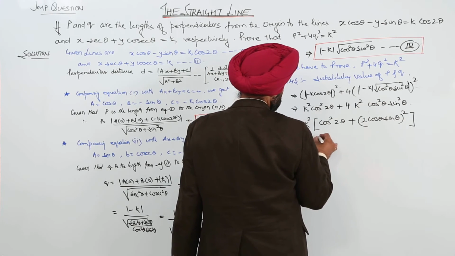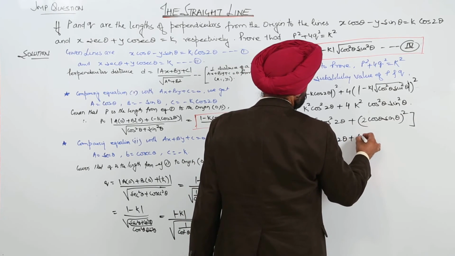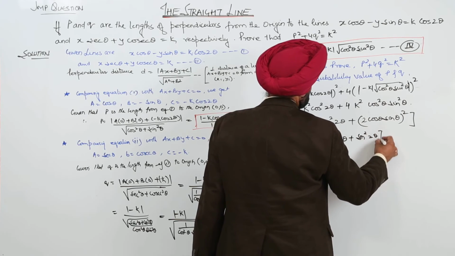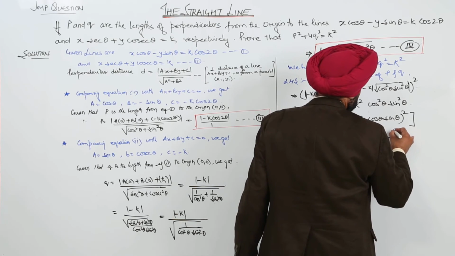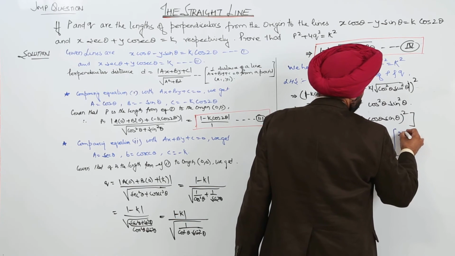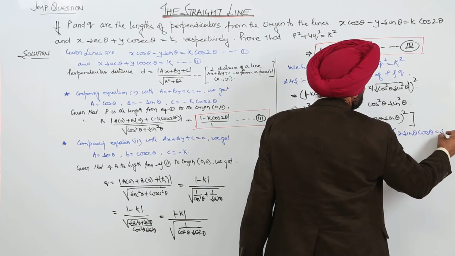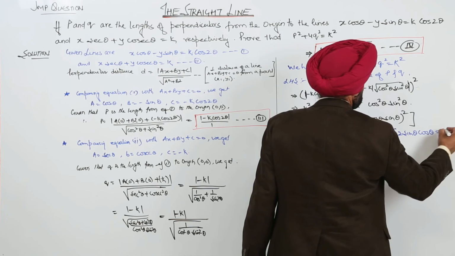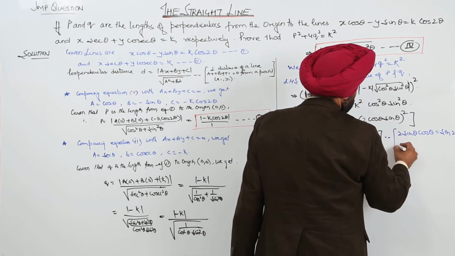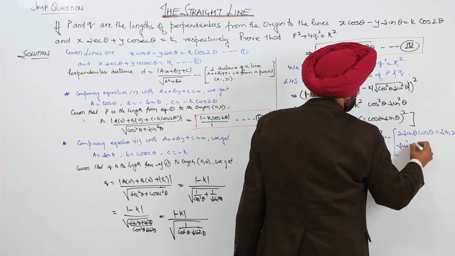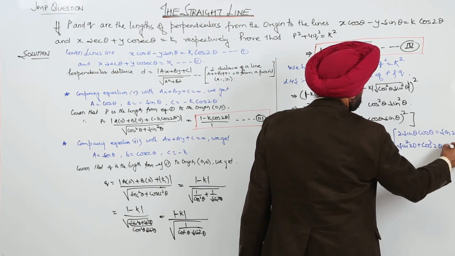Now this becomes k square times cos square 2 theta plus sin square 2 theta. Here we are just substituting the formulas. Number 1, 2 sin theta cos theta is equal to sin 2 theta. And number 2, for this part, again the identity sin square 2 theta plus cos square 2 theta is 1.